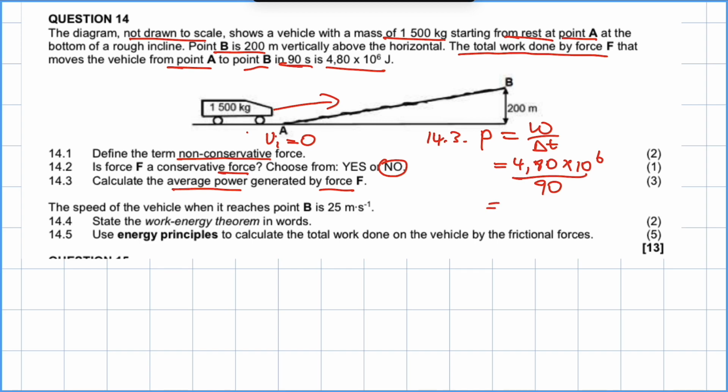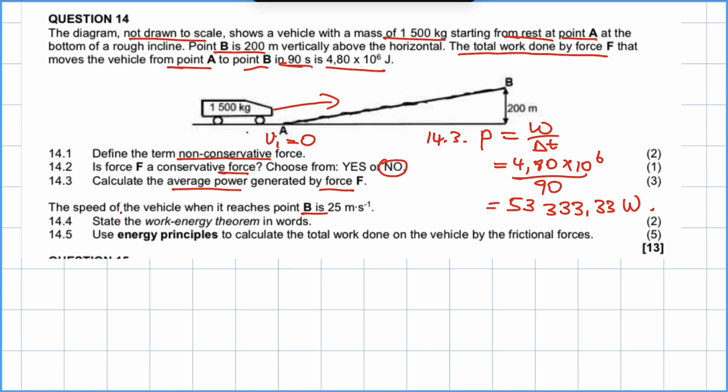Okay, and that gives us 53,333.33 watts.